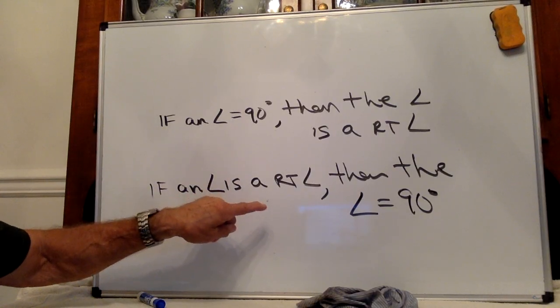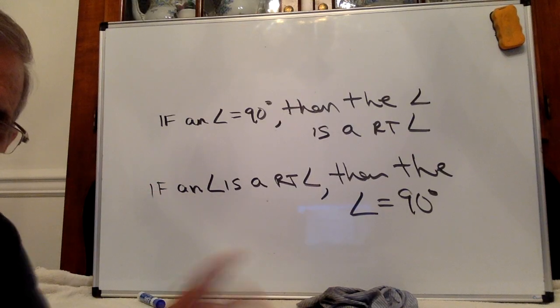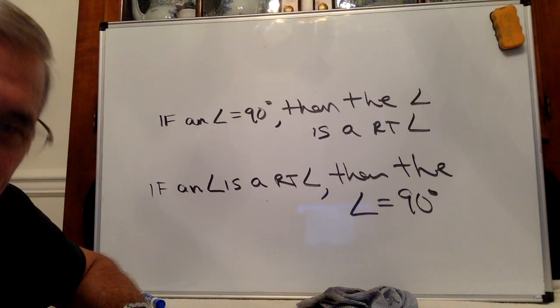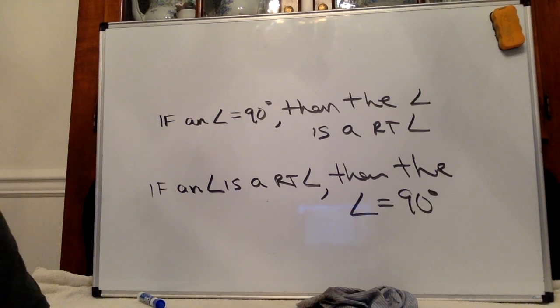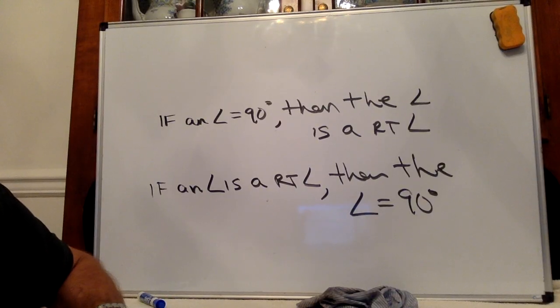This is also true. If you have a definition, it doesn't matter which way you write it. You can interchange the if and the then part, and they're always true. We'll talk more about this later, but a good definition has to be reversible.